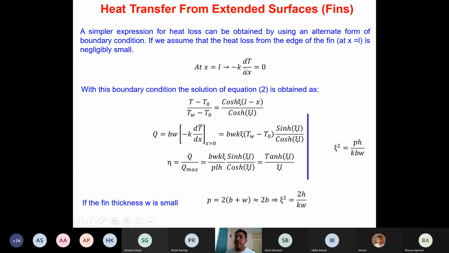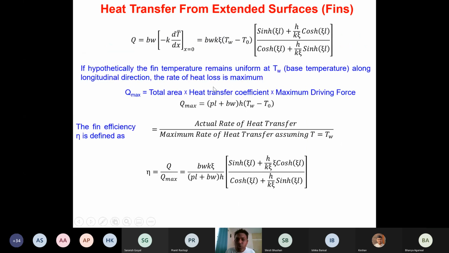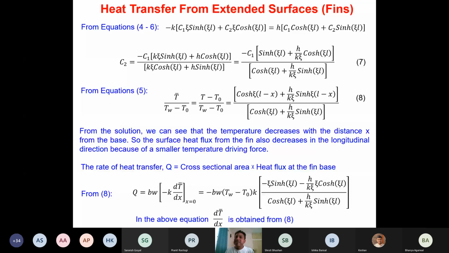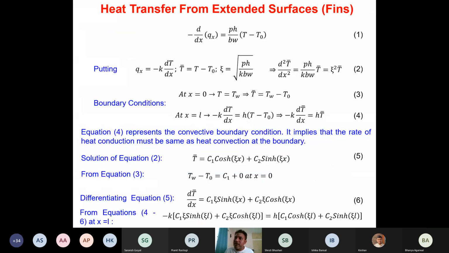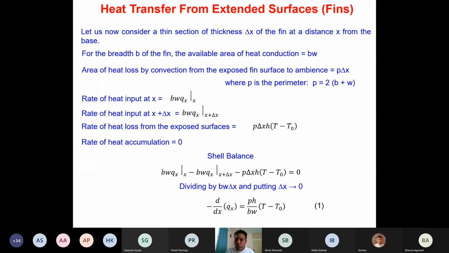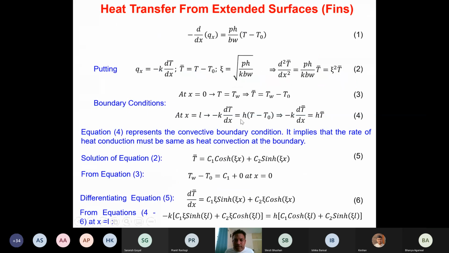At x equals L, minus k dT by dx equals 0. Remember, in the earlier case, the boundary condition which we used was minus k dT by dx the same as h (T minus T naught). If you go back here, this was the boundary condition we used at x equals L: h (T minus T naught).